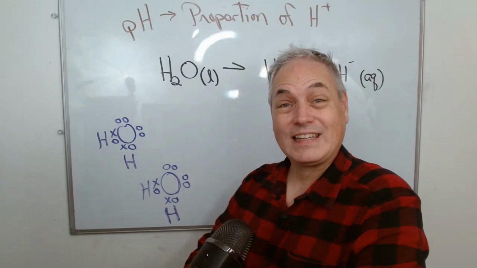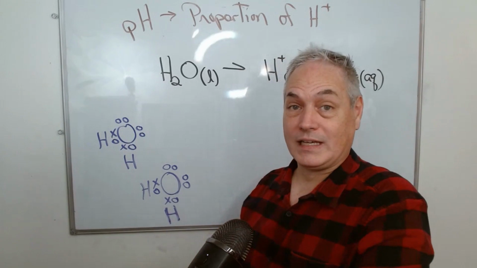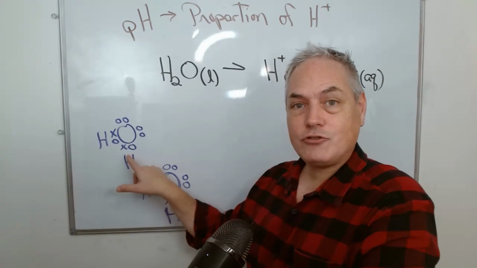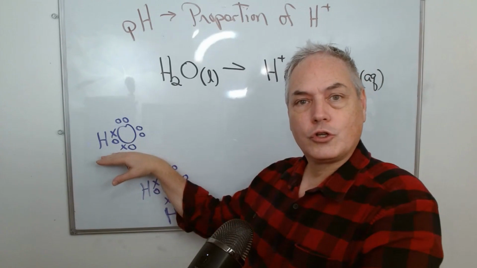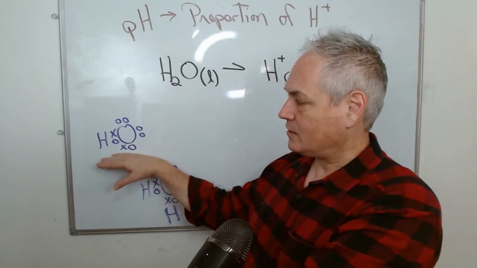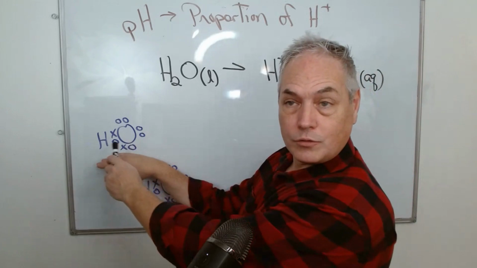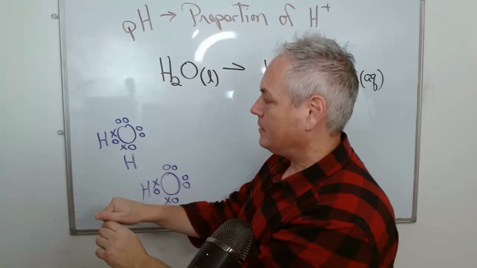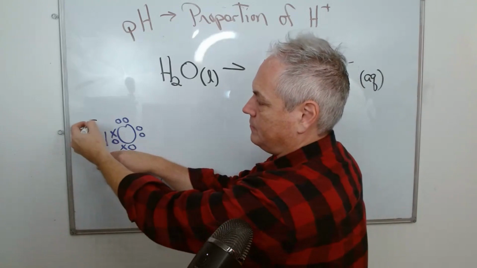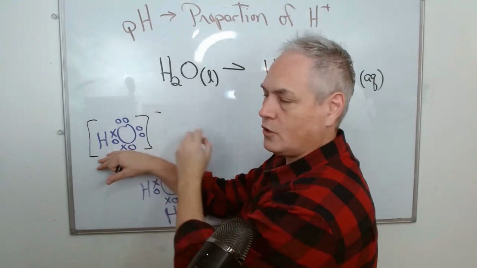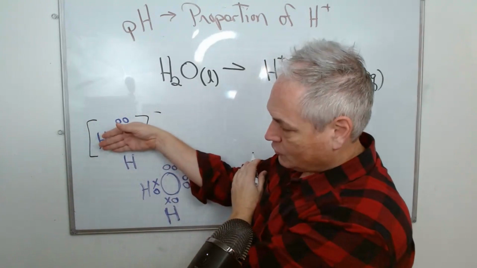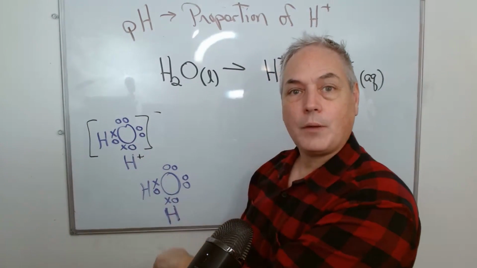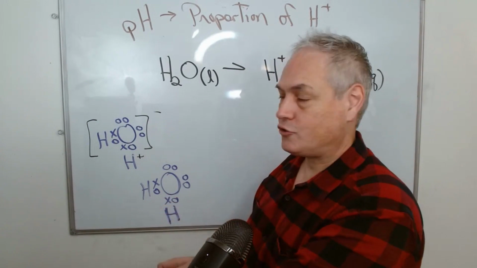Now you have to keep in mind that the electrons are going at the speed of light. So ever so often the electron from this hydrogen gets closer to the oxygen right here. That means that the overall grouping of hydrogen and oxygen becomes overall negative. And here you have a hydrogen that is by itself, a positive ion of hydrogen.